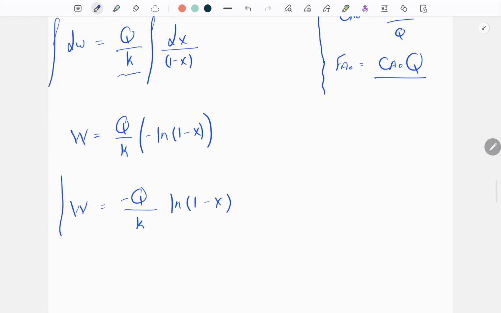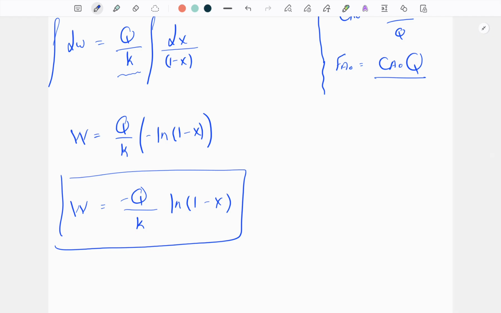And there you have it. That's your equation for a packed bed reactor with a reaction rate in first order. So that's your W, which is the mass of the packing inside the reactor.